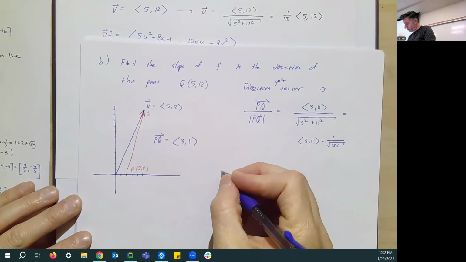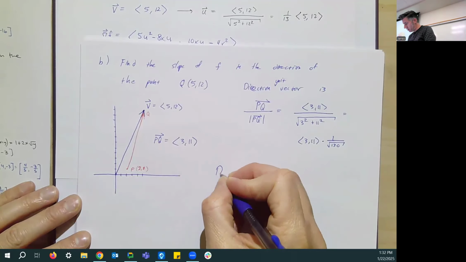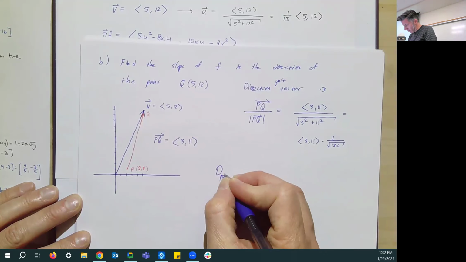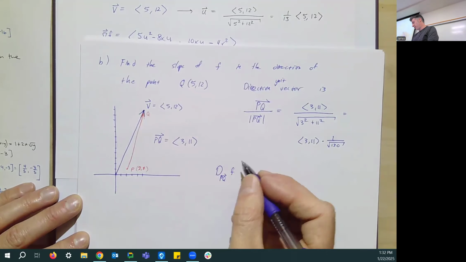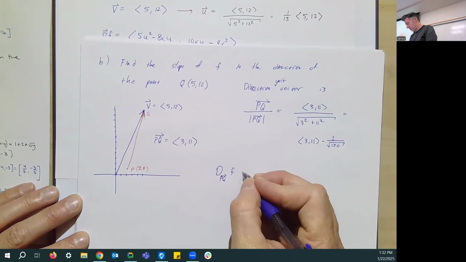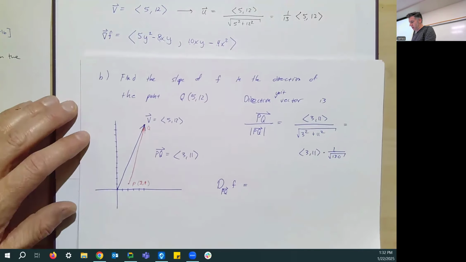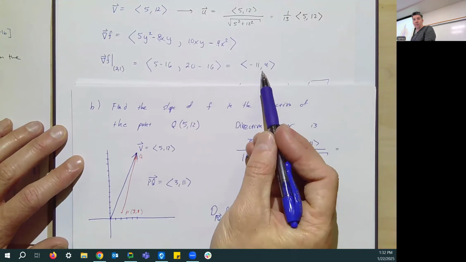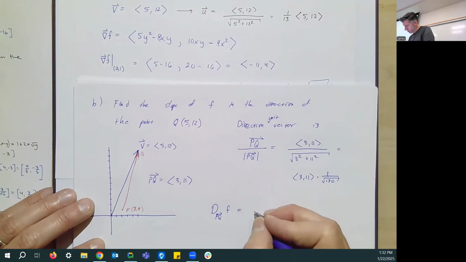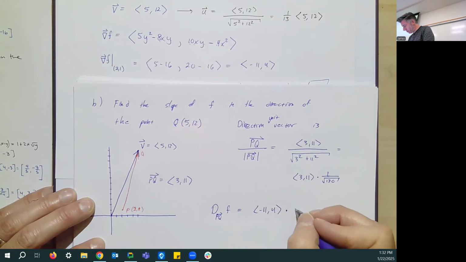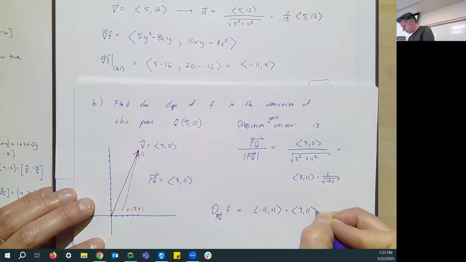So our directional derivative in the direction of PQ is going to be our previous gradient vector, negative 11 comma 4, dotted with the vector we just found, 3 comma 11 times 1 over root 130.